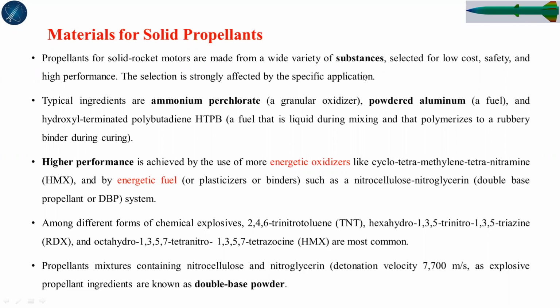And hydroxyl terminated polybutadiene is used as fuel that is liquid during mixing and polymerization. So this HTPB is for the purpose of polymerization, to make a rubbery binder during curing. So this is called a curing agent, or a polymerization agent.